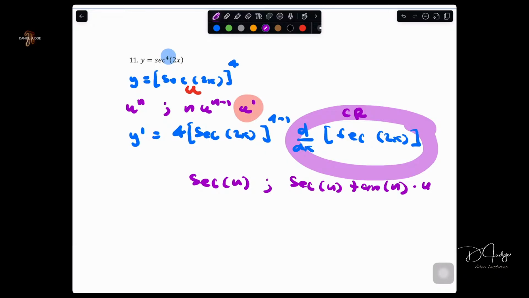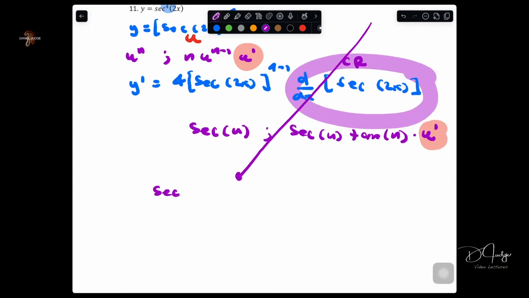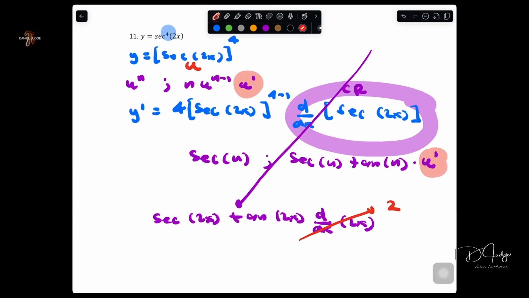And then don't forget the chain in chain rule. Okay. So this is secant 2x tangent 2x times the chain, which is the derivative of 2x. This is 2.